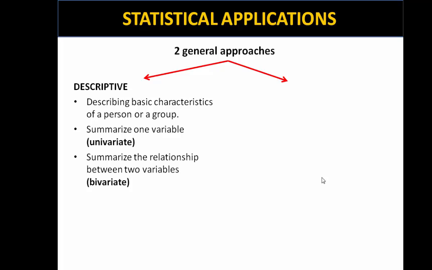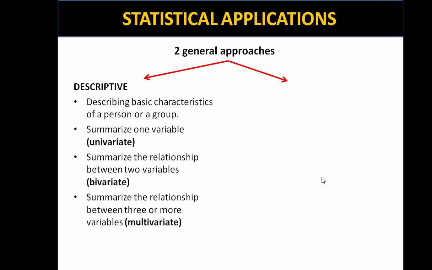So we would say it's bivariate. Now, if we sample age, major, and grade point average, now we have three variables. So anything above two variables we just refer to as a multivariate study.